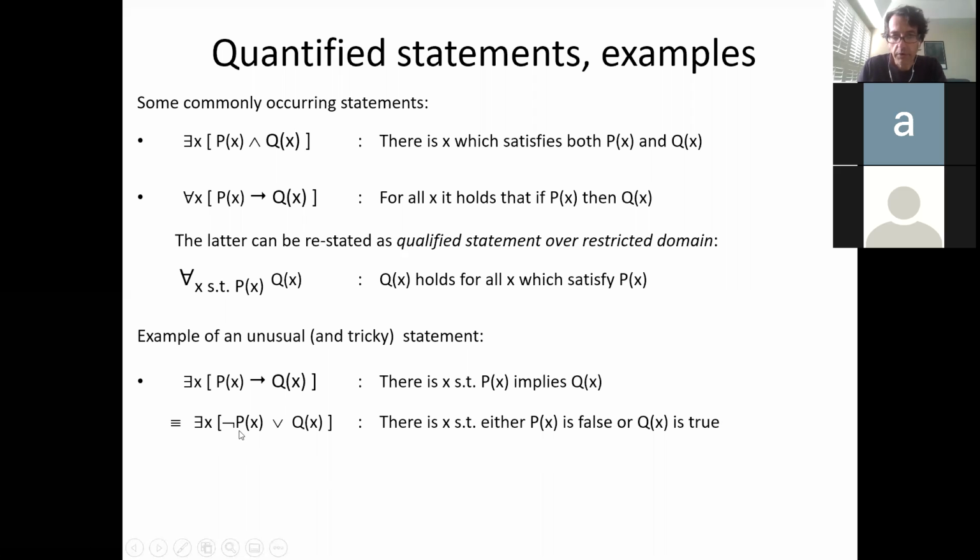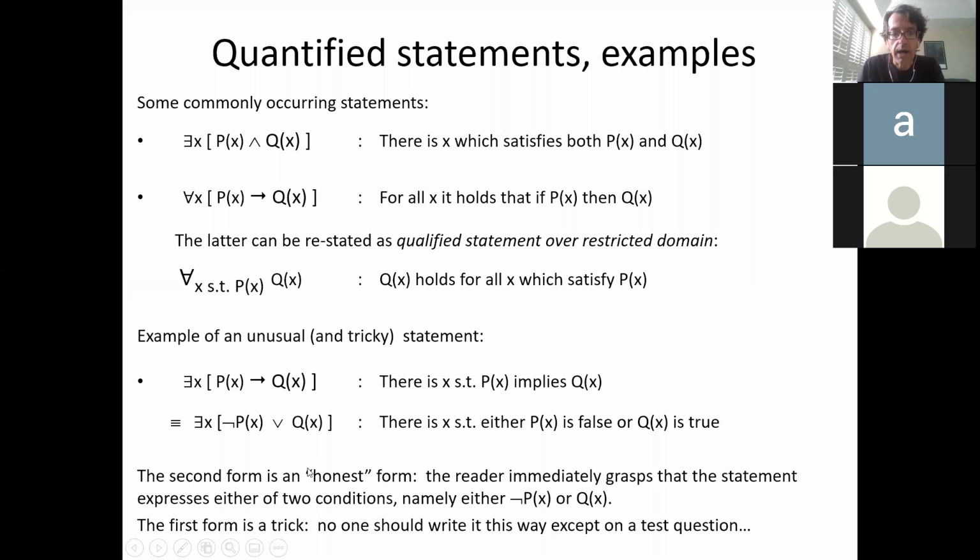Now, in this form, it makes sense. Perhaps there is some constraint, and there is another constraint, and you want to say that there is an element which falsifies the first constraint but satisfies the second. Okay, that there is an X which does either one. So this is an honest form.